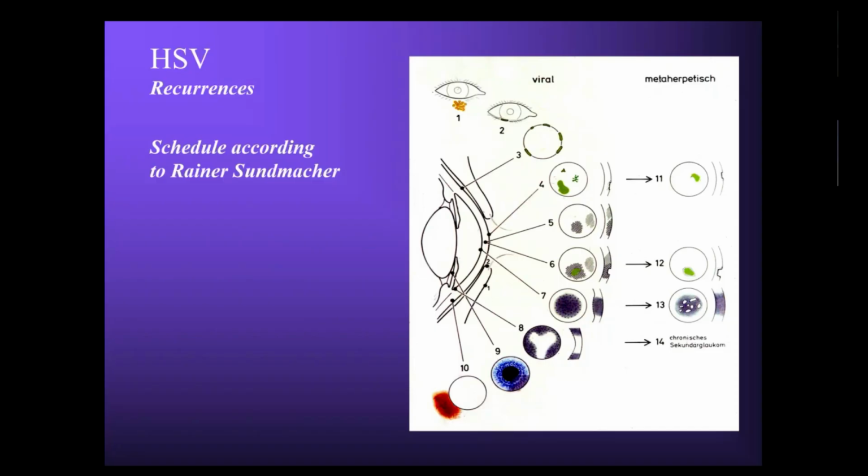Rainer Sundmacher, some decades ago, brought together all the different possibilities of recurrence in the eye. Of course, we may have blepharitis, but that is not very usual. We may have intermarginal blepharitis, again, not very usual, and limbitis either is not.